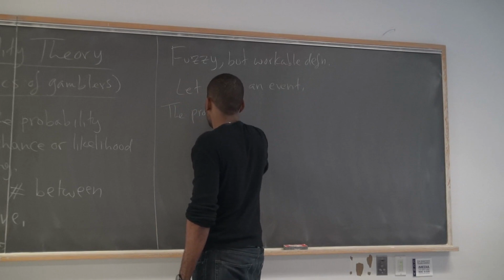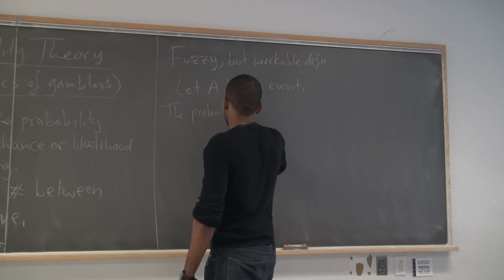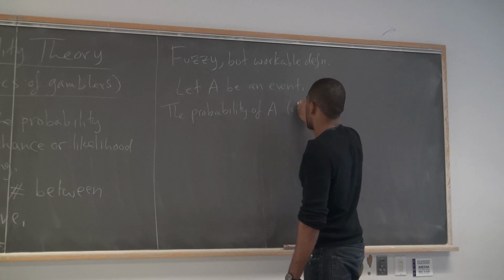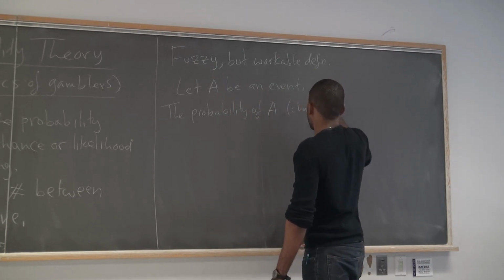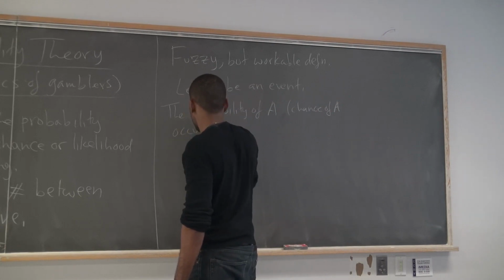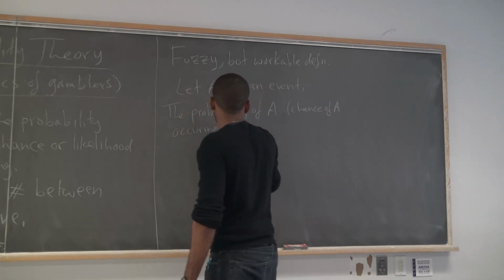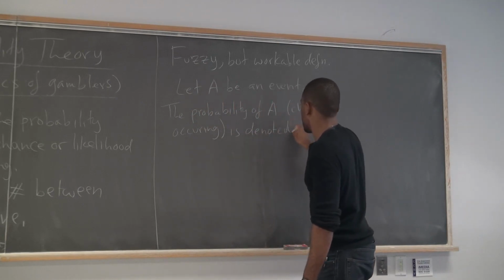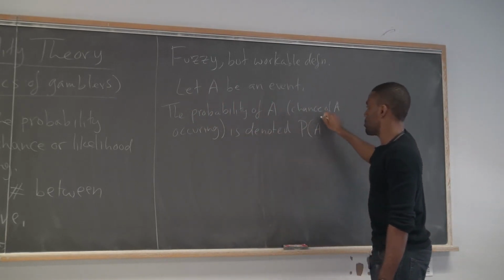The probability of A, or in other words, the chance of A occurring, is denoted P and in brackets A, right?